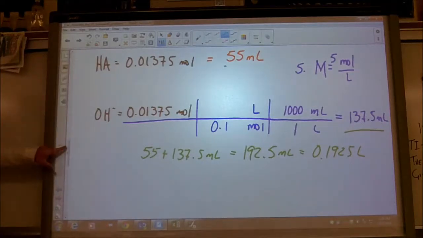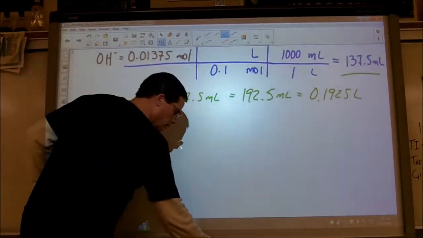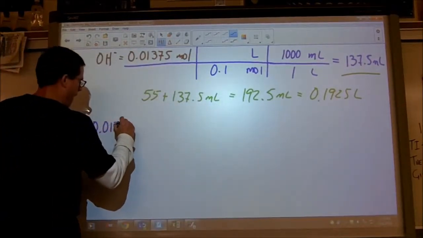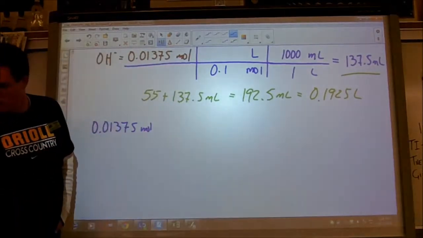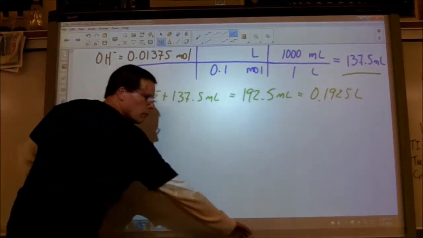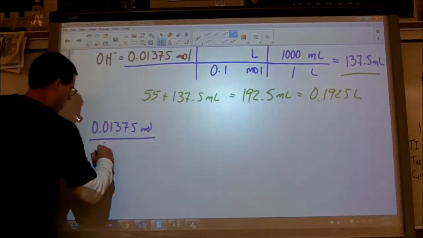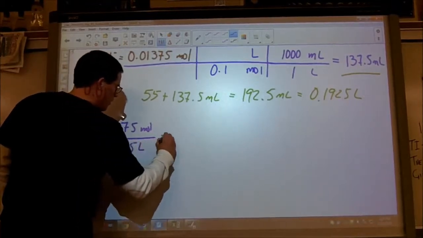From there, we have our moles. And what does that equal?